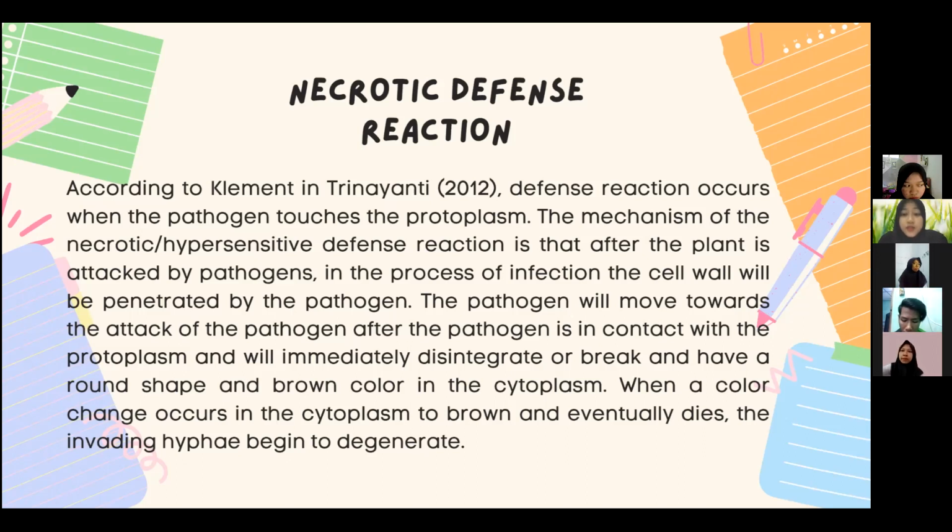After the pathogen is in contact with the protoplasm, it will immediately disintegrate or break and have a round shape and brown color in the cytoplasm. When the cytoplasm changes color to brown and eventually dies, the invading hyphae begin to degenerate.